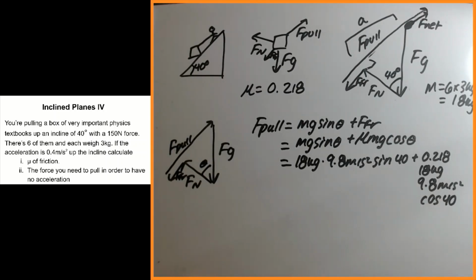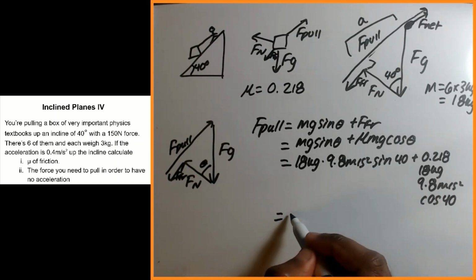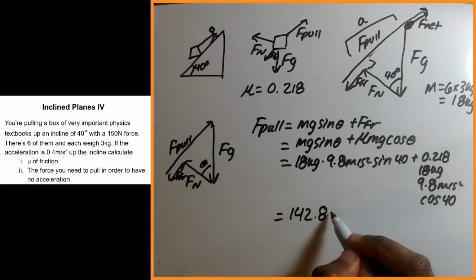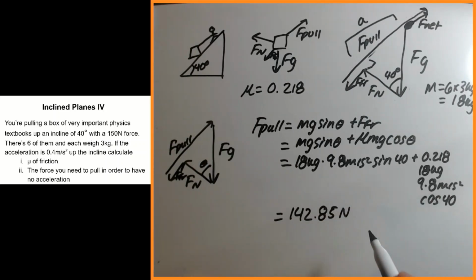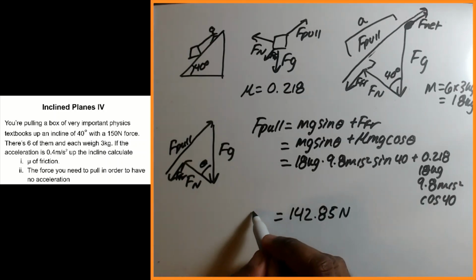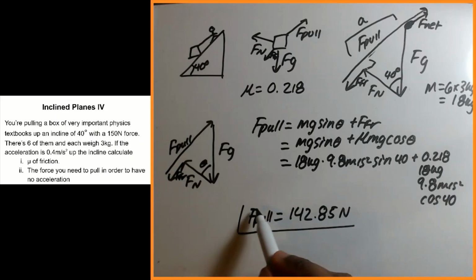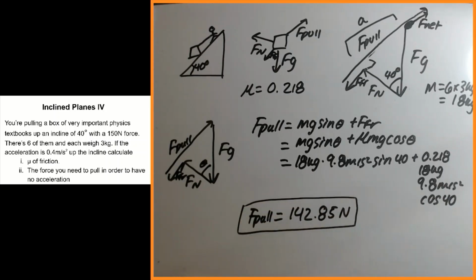So let me go ahead and calculate this. Okay, so what I get is 142.846, and I'm just going to round it to 142.85. So that is the pulling force that you need in order to have no acceleration.